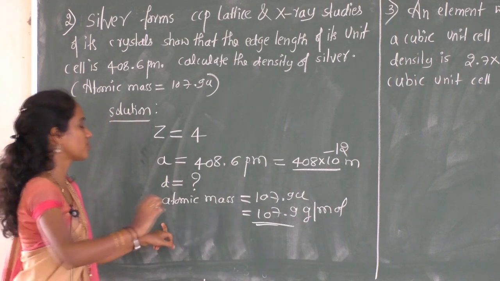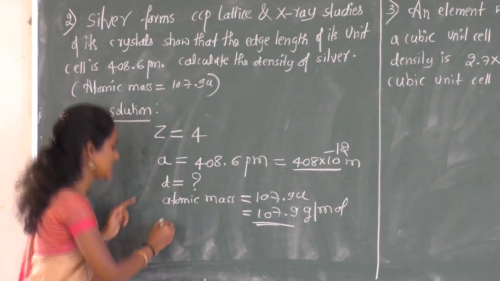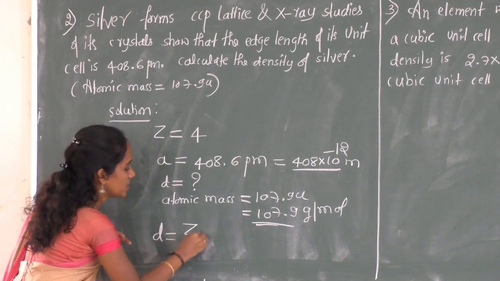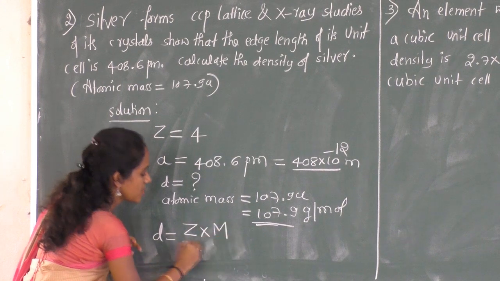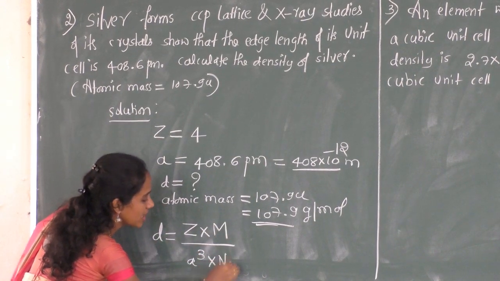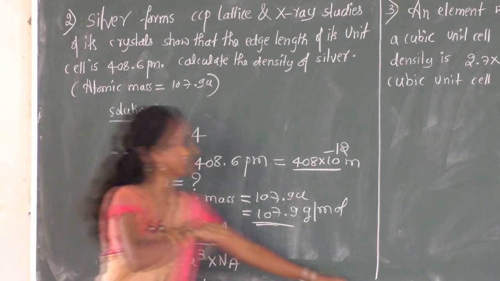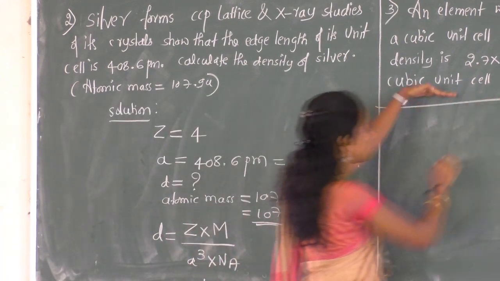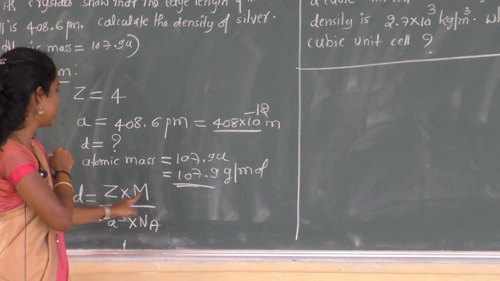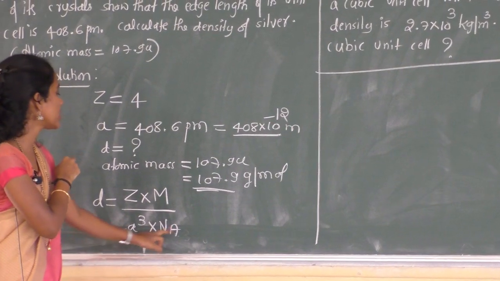Now what is our formula to calculate the density? We have density d is equal to Z into M divided by a cube into Avogadro number, right? So I'll write here: d is equal to Z into M divided by a cube into Na.